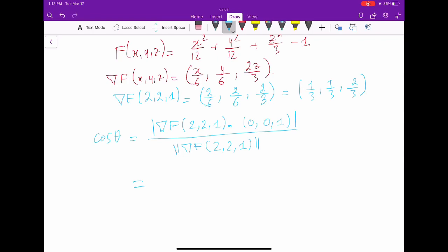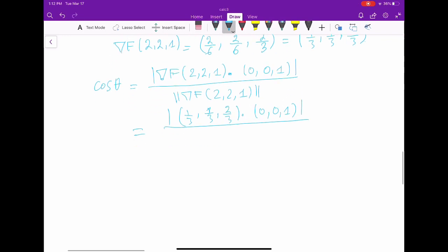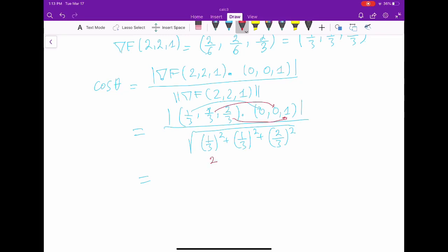So that is (1/3, 1/3, 2/3) dot product with (0, 0, 1), absolute value, divided by the norm of this vector, so you have a square root of 1/3 squared plus 1/3 squared plus 2/3 squared. On the top, 1/3 times 0 is 0, and 1/3 times 0 is 0, so you have 2/3 times 1, which is 2/3.